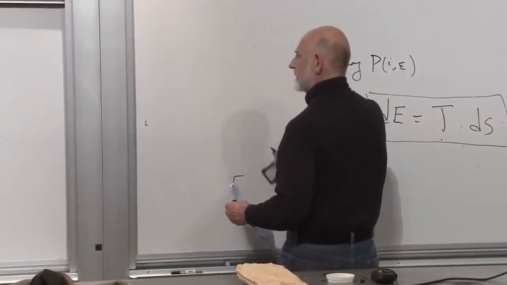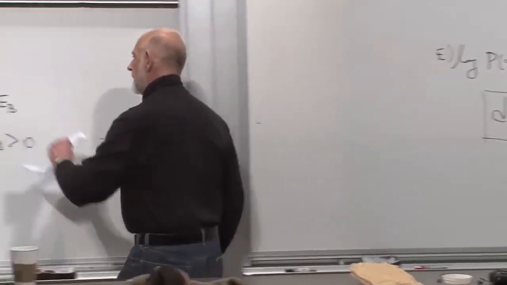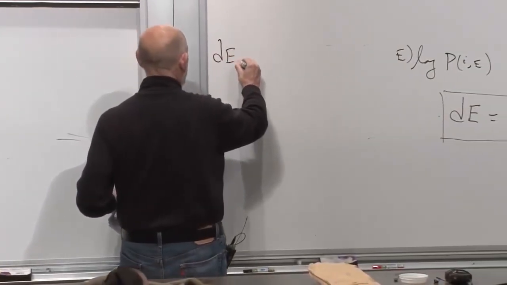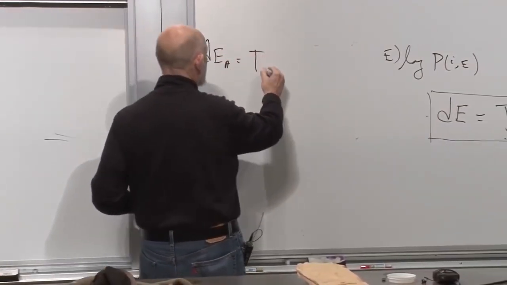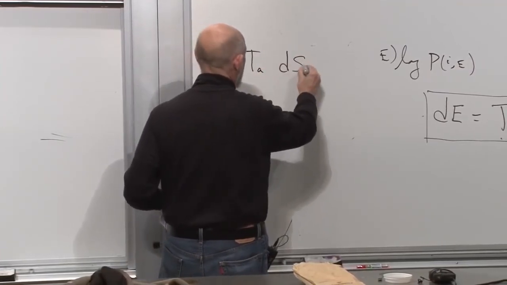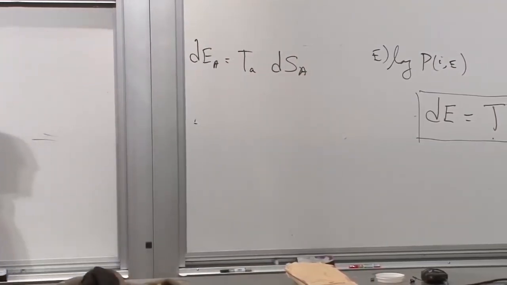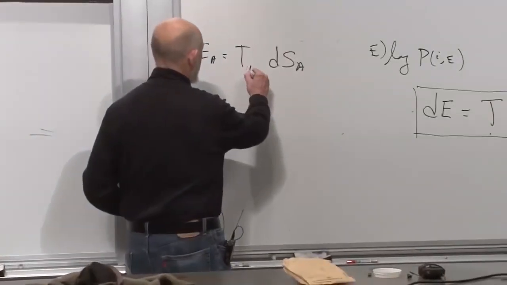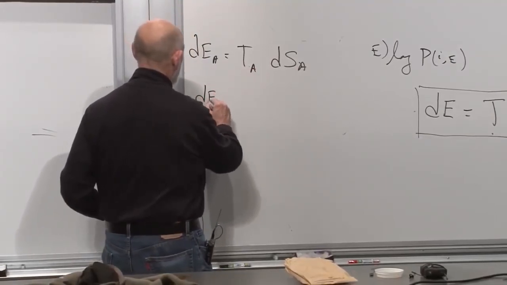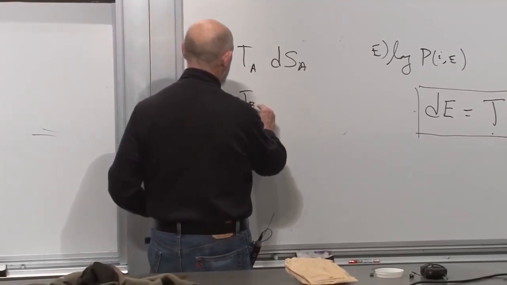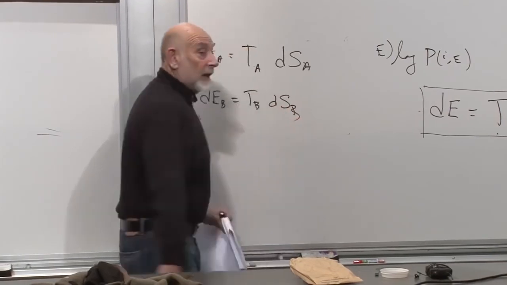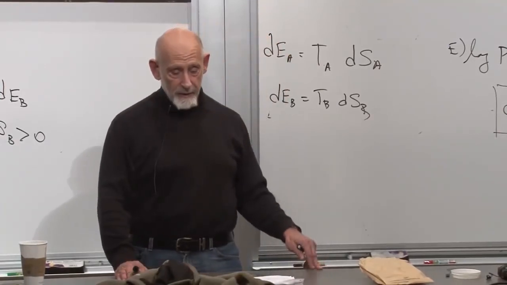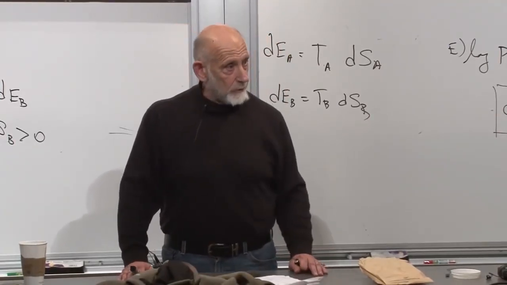Finally, for each one of these, the change in energy of A is equal to the temperature of A times the change in the entropy of A. That's dE equals TdS, the definition of temperature. Likewise, dEB is equal to TB times dSB. All right, hold on to these equations. Lock them in your head, because I think we are going to have to move across the hall.